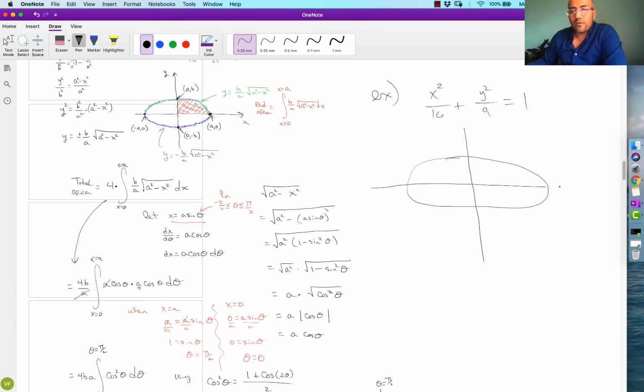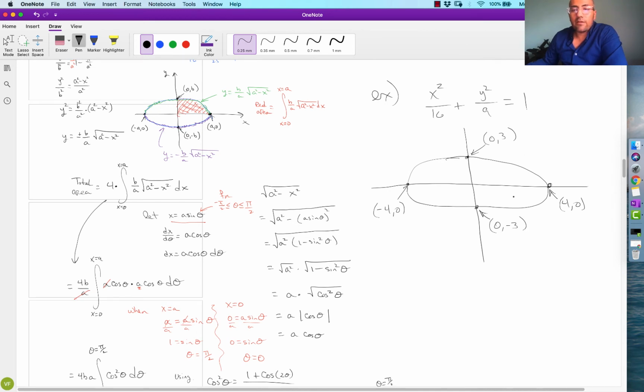We know that this goes out to 4, 0. We know that this goes out to negative 4, 0. We know that this goes up to 0, 3. We know that this goes down to 0, negative 3.